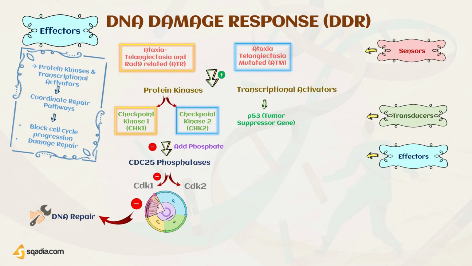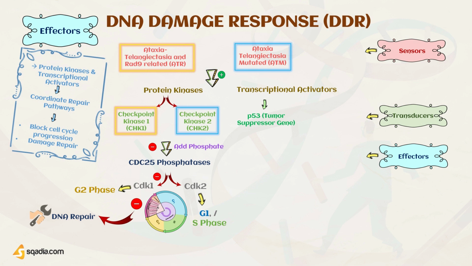In particular, cells arrest in either G1 and S phase or G2 phase, depending on which checkpoint is activated by the DNA damage. Inhibition of CDK2 results in cell cycle arrest in G1 and S phase, while inhibition of CDK1 results in cell cycle arrest in G2 phase.